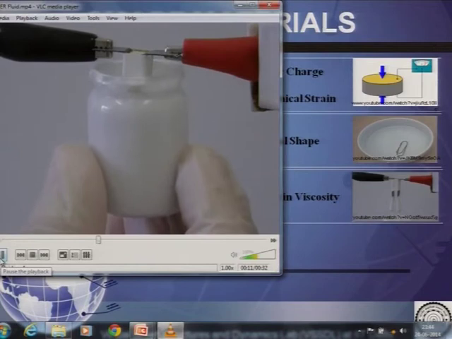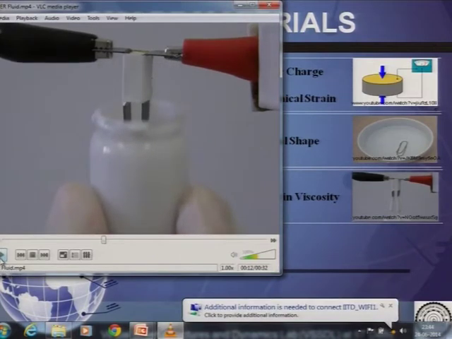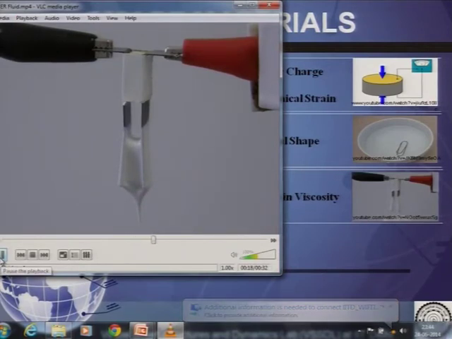And now they have applied the electrical field. Now you can see the change in the viscosity of the fluid. It has got thicker. And as he removes the field, the liquid starts flowing again.